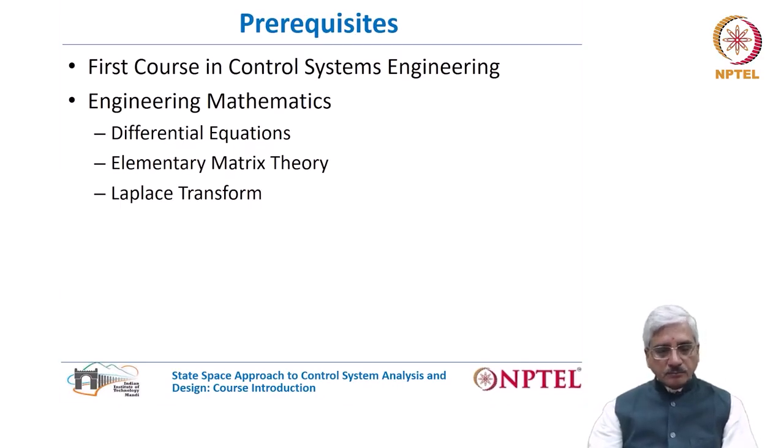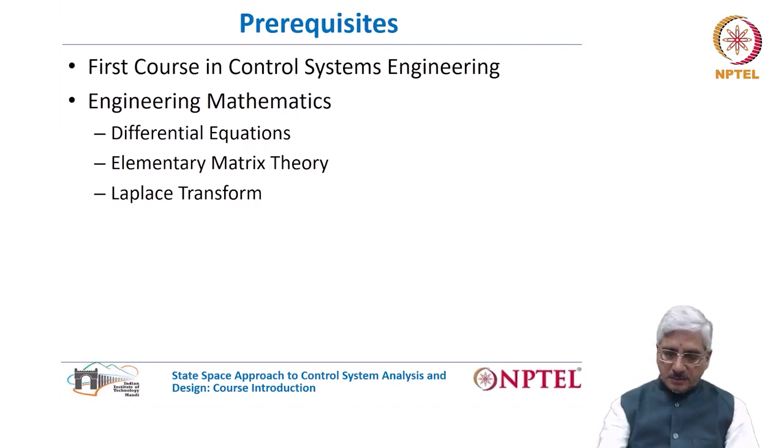However, knowledge of engineering mathematics, first order differential equations, how to set up and solve them, elementary matrix theory, matrix operations like addition, transpose, multiplication, inverse, etc. is good to have. And Laplace transform analysis, inverse Laplace transform, and algebraic manipulations with the help of partial fractions.